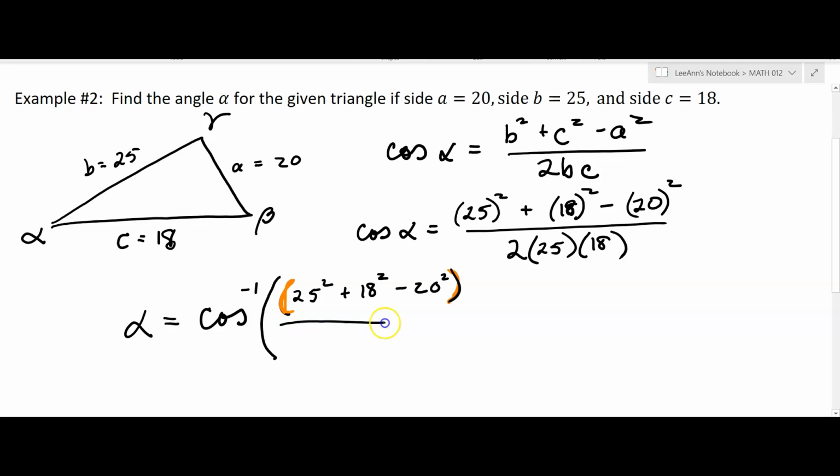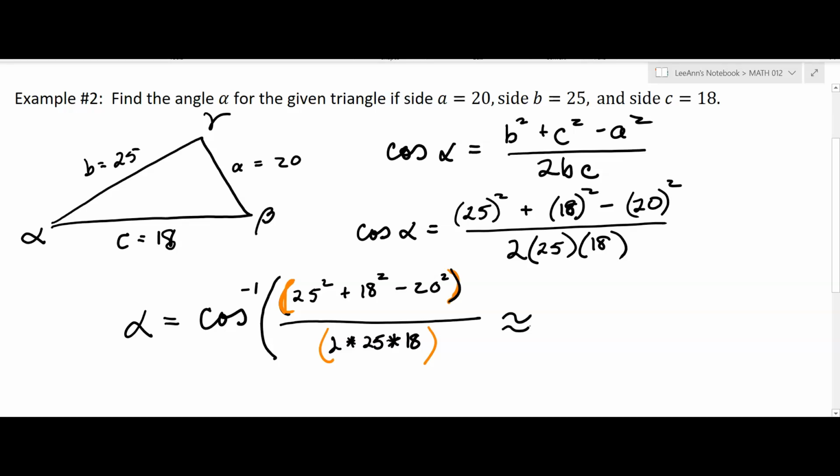So then you're going to hit the division bar, and then you're going to have another set of parentheses. You're going to need that. And inside there you can put 2 times 25 times 18. And then this is going to give us the answer for alpha. And we'll just go one decimal place.